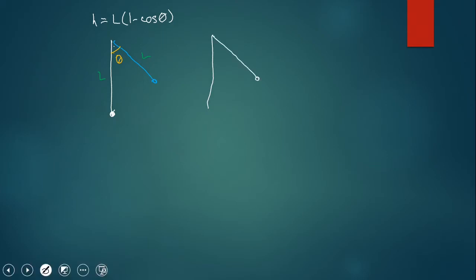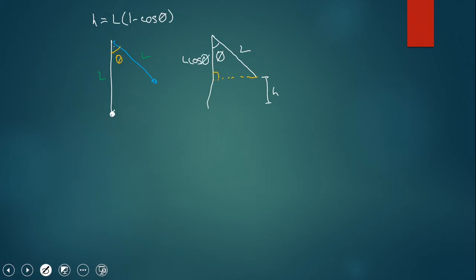So keep in mind, remember how we were looking at potential energy? So that requires a height. And so we call this distance the height. So now think about what happens right here. So this is exactly why we use where the cos theta comes in. If I draw a line, something like this, to create a right angle, we know that this is L, so this has to be L cos theta.